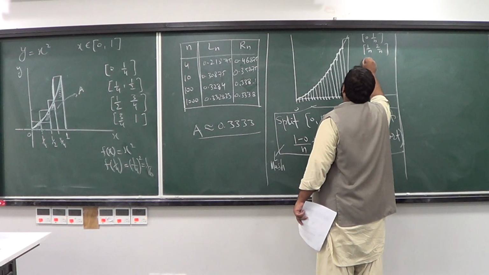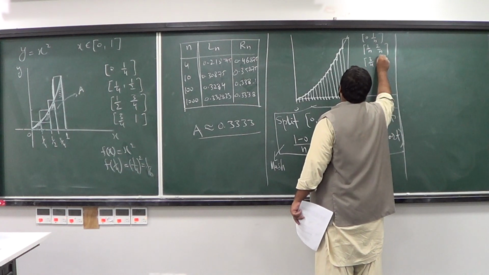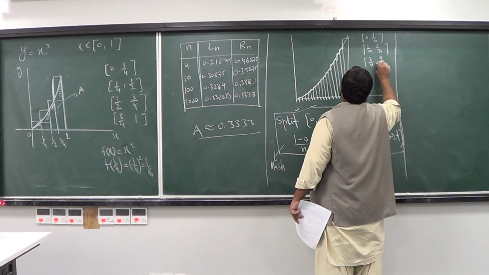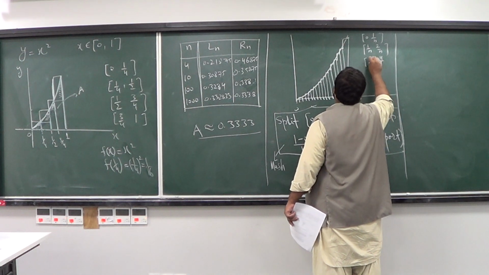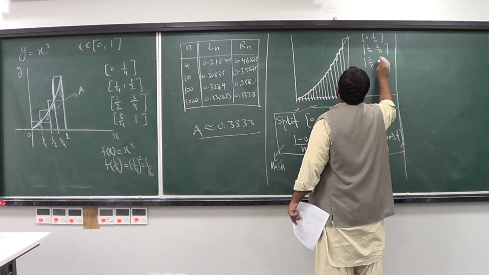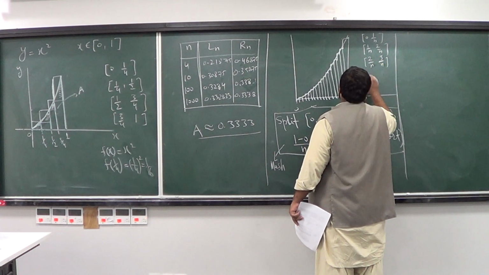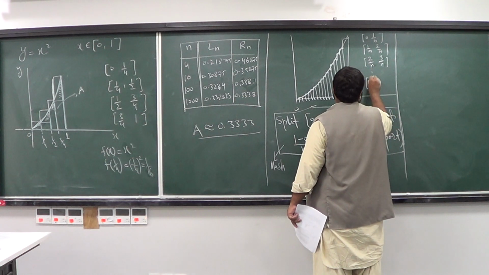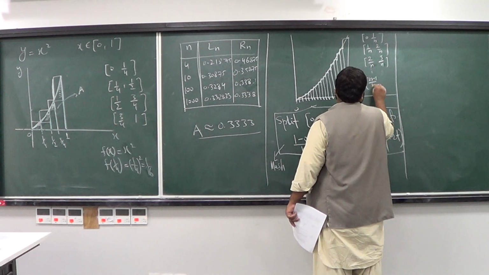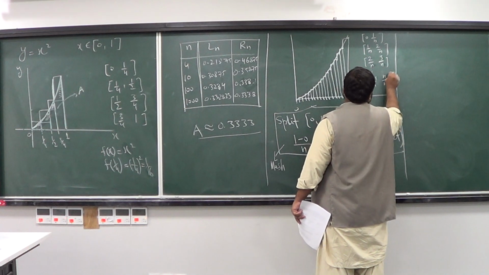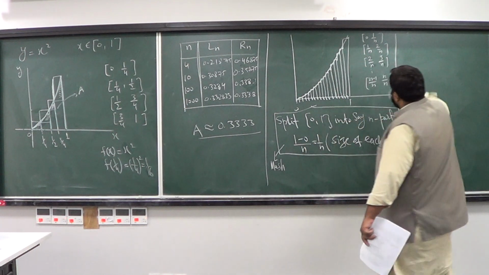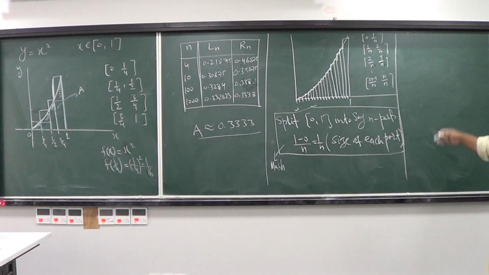The third is going to be 2 over n to 3 over n, okay, and so on and so forth. The last one is going to be n minus 1 over n to n over n, which is equal to 1. So these are the intervals in which you have split it.